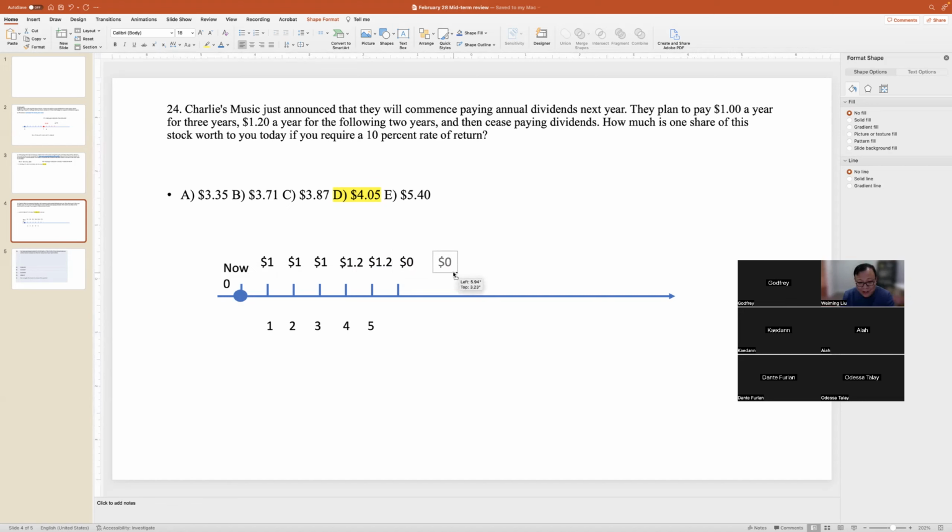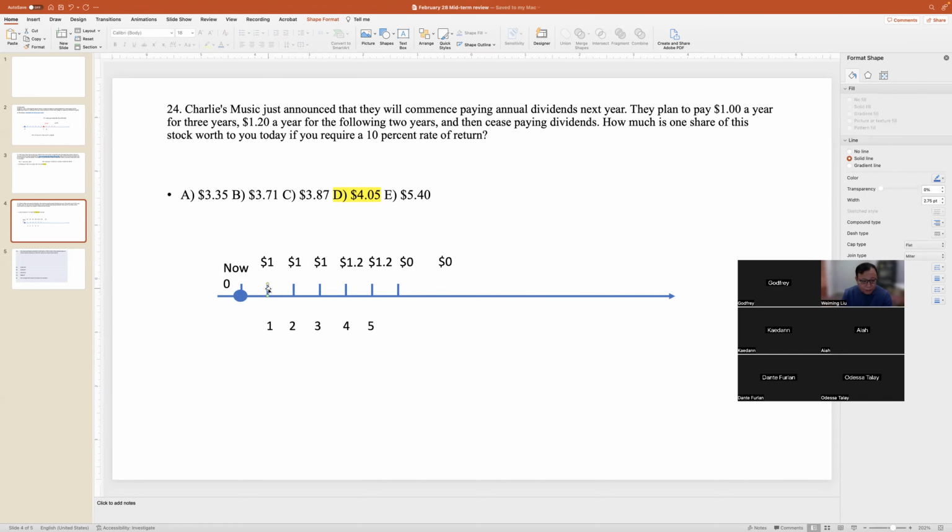So it's like this. We only have 5 cash flows, right? So the question is, what is the value of these cash flows?